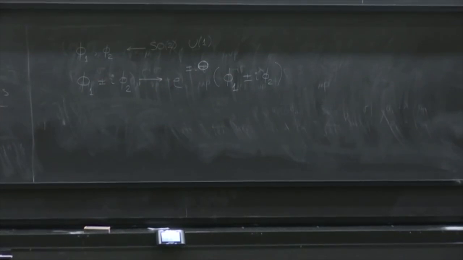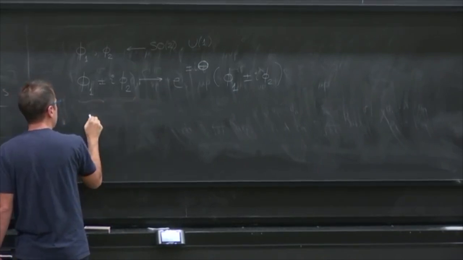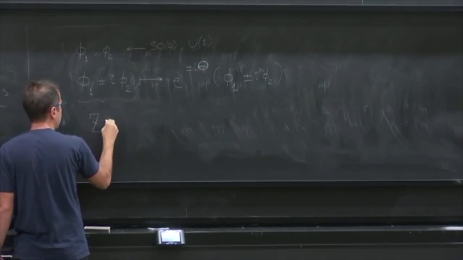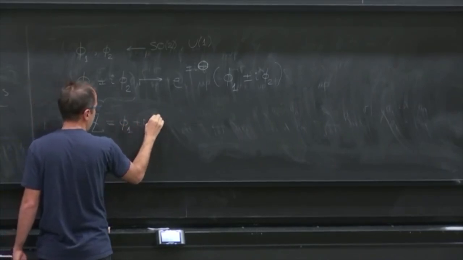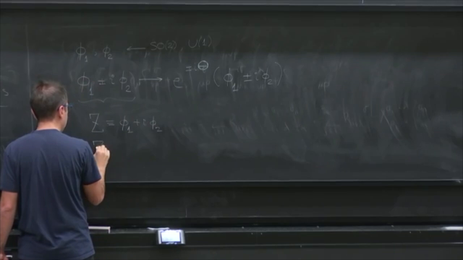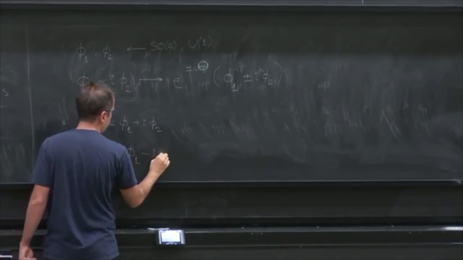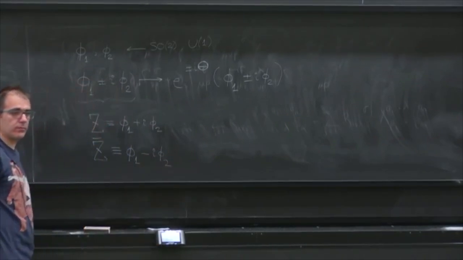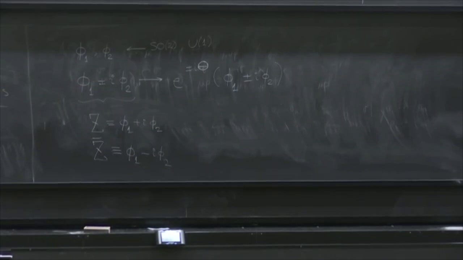Okay. And so you have this rotation. In other words, if we call this object Z, let me define Z to be phi_1 plus i phi_2, and Z bar to be phi_1 minus i phi_2. Remember, yesterday we said that we could trade phi_m for phi_ab.